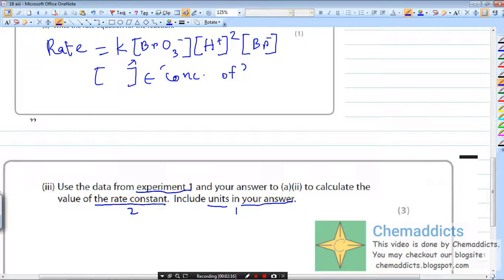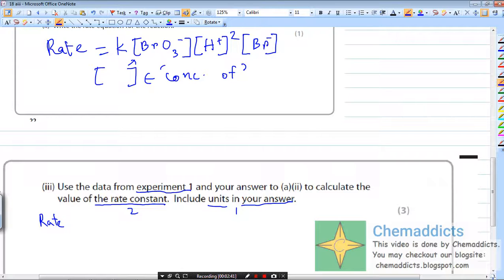Before answering this question, let us write the rate equation for this particular reaction. Later on we're gonna involve the unit of rate.